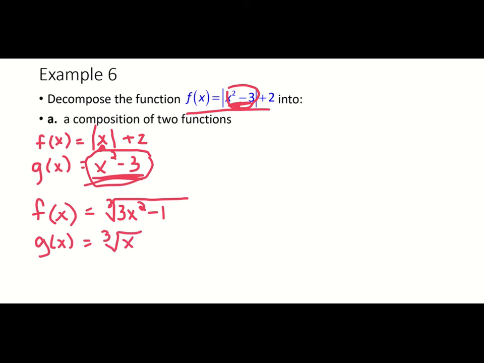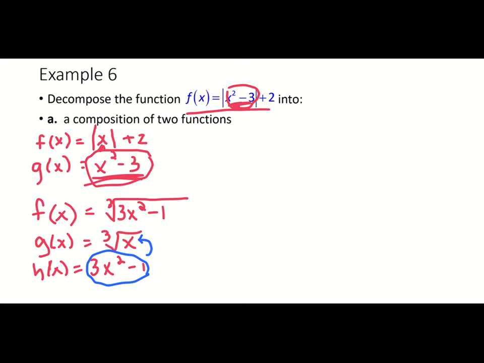So get rid of what's under that radical. And then we'll call it h of x, doesn't really matter what we call it. But now do your 3x squared minus 1. So kind of think of what was the parent function? What's under the radical? So if I do g composed with h, that means what I would do is take this and plug it in to there.